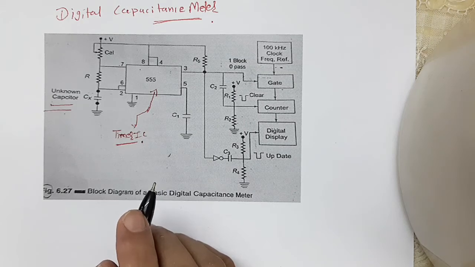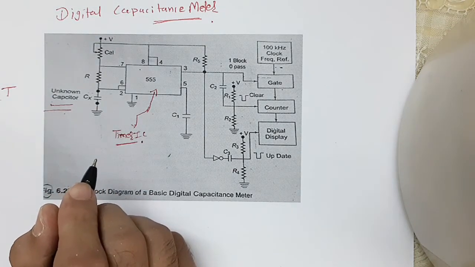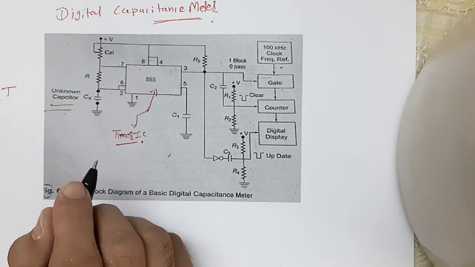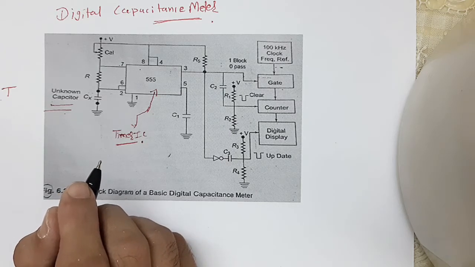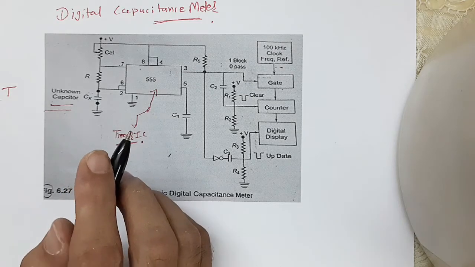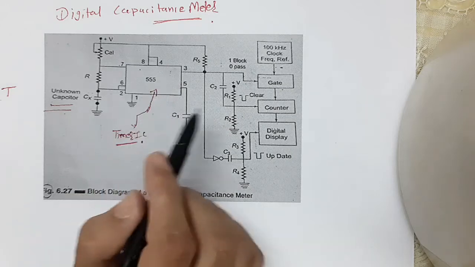We can use the 555 timer IC along with some digital test equipment to measure the capacitance. This is the structure.